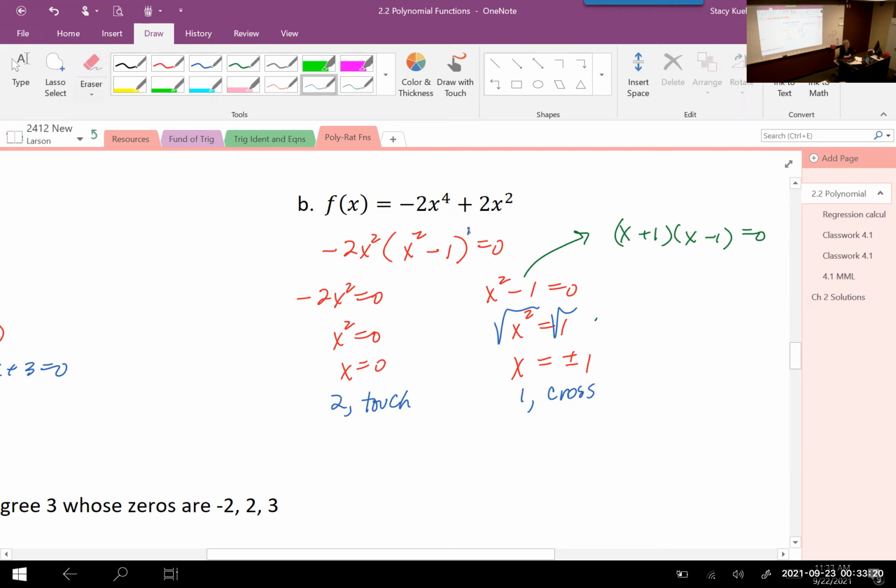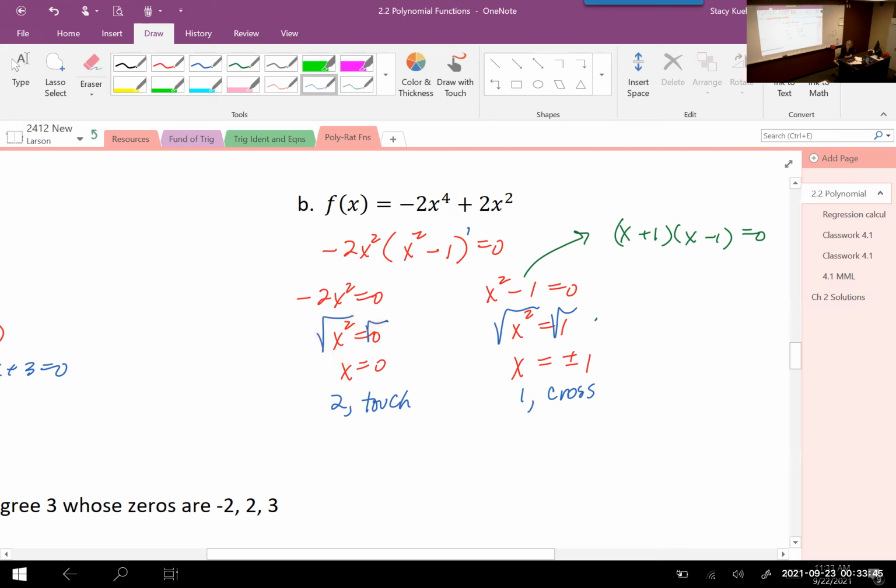All right, so we want to factor and we want to determine what the multiplicity is. Do y'all have questions on this so far? Since it was x squared equals 0, the multiplicity is 2, and with the other ones, you can split it up into x plus 1, x minus 1.